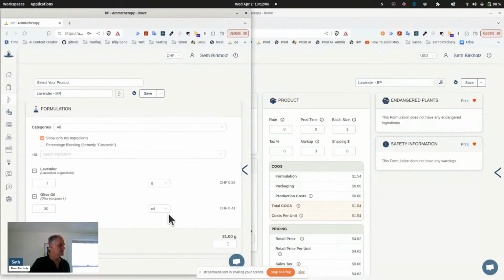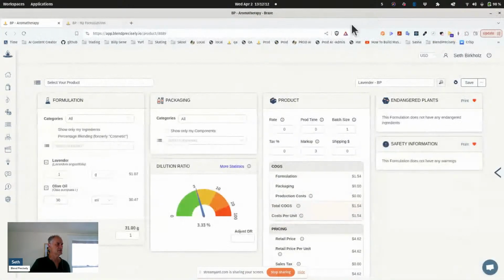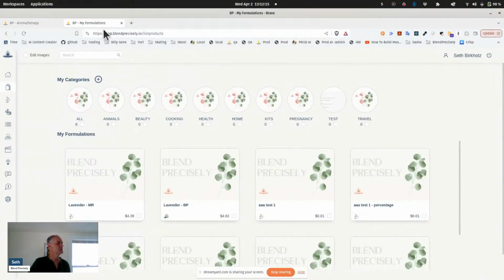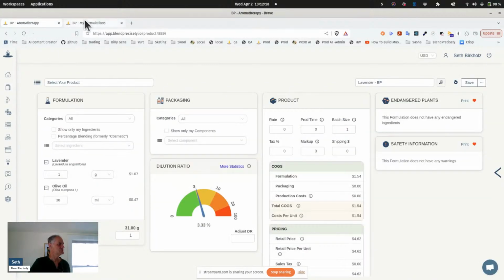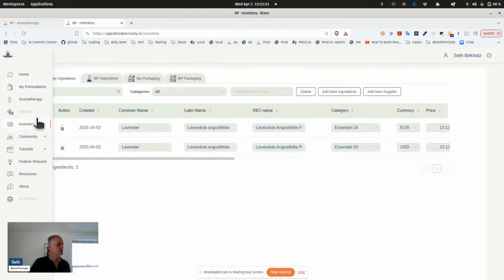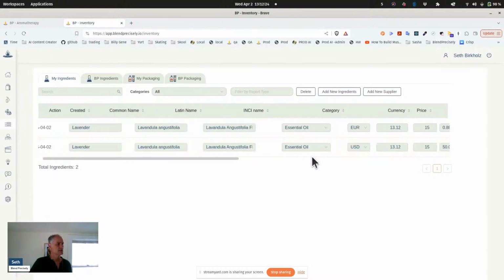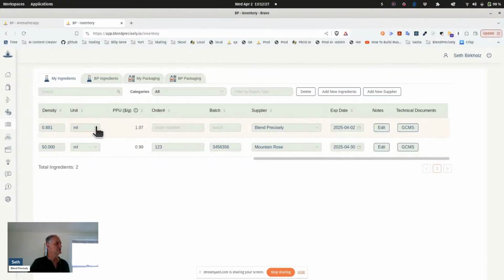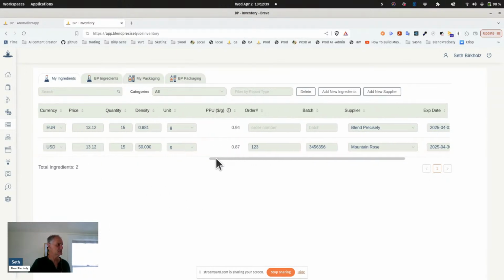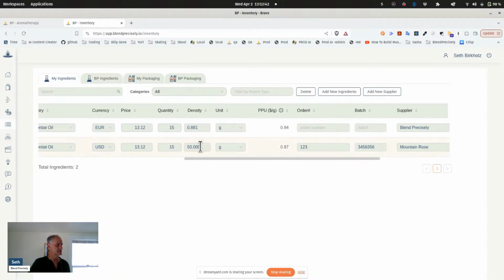Okay, so first of all, let's go to the inventory here again. And let's say that the unit that we got in here was just grams. Does that make any difference in the final density or the price per unit and density? And since we're adding those in, this density shouldn't have an effect in all that.